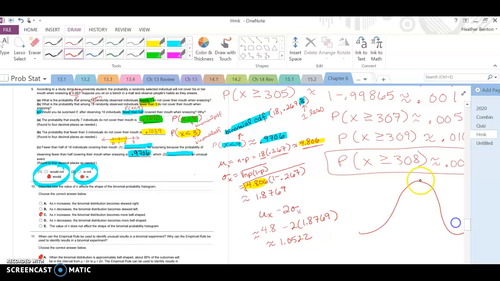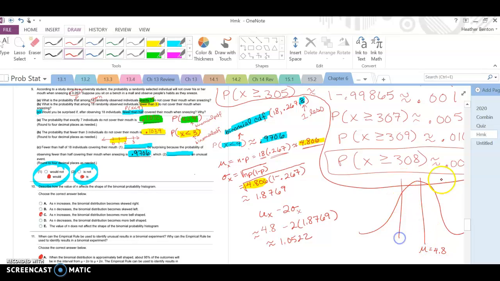So here is the mean. Here's our mean, which we said was 4.8. And so I know 1 standard deviation away would be 1.8. Now I am looking specifically to see if this number is an unusual number. Since 0.9706 is definitely less than 4.8, I'm going to subtract standard deviations and I'm not going to worry about these numbers over here where you add standard deviations.